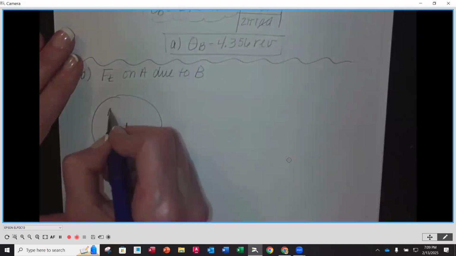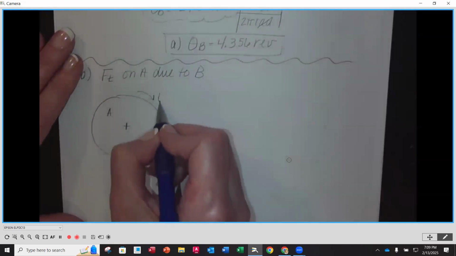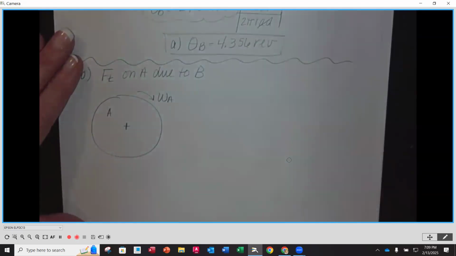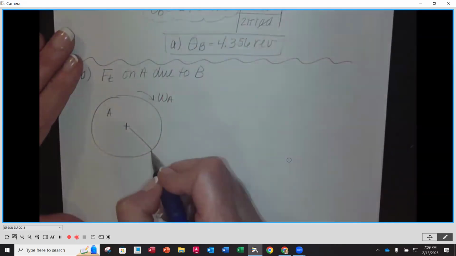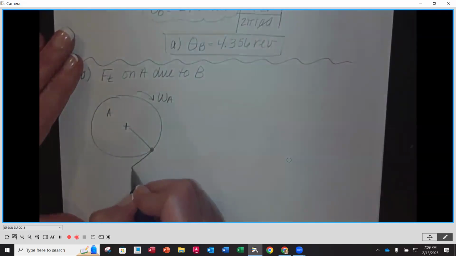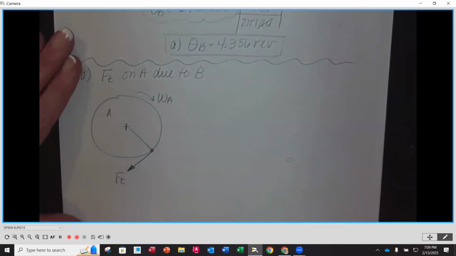So this is gear A. We know that it's going WA that way. We know that it has a radius and that this is also the place where that force is going to come in. So B is down here and B is rotating and it's engaged with the teeth on A.